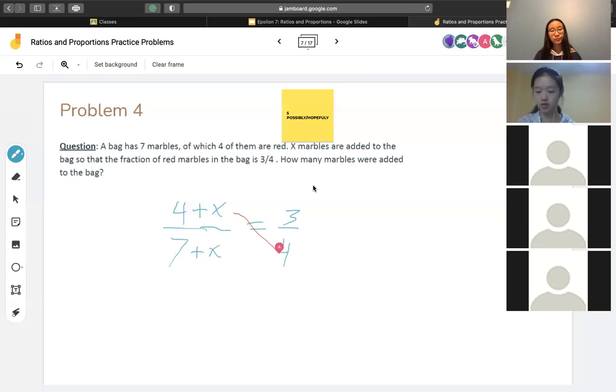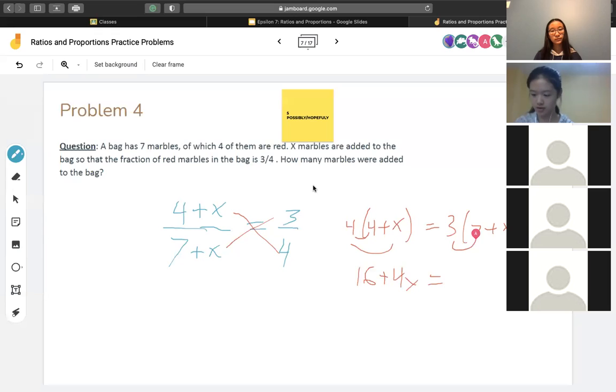First we can multiply these 2 terms to get 4 times (4 plus x). Then we can multiply these 2 terms to get 3 times (7 plus x). So now we can multiply this out. 4 times 4 is 16, and then 4 times x is 4x.